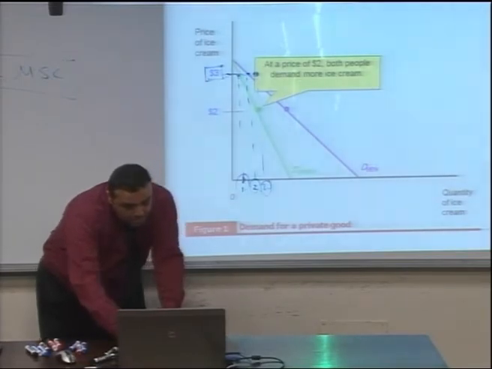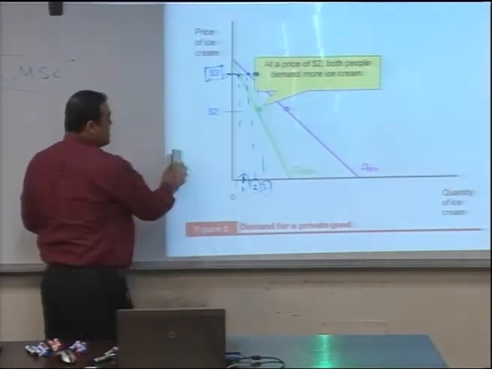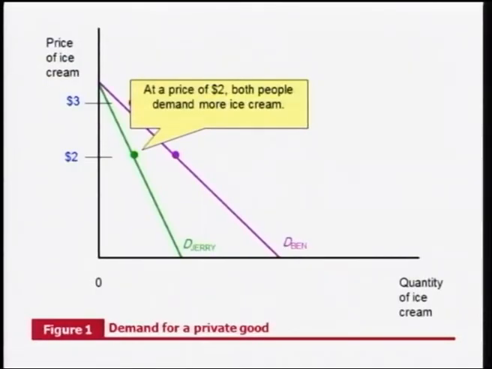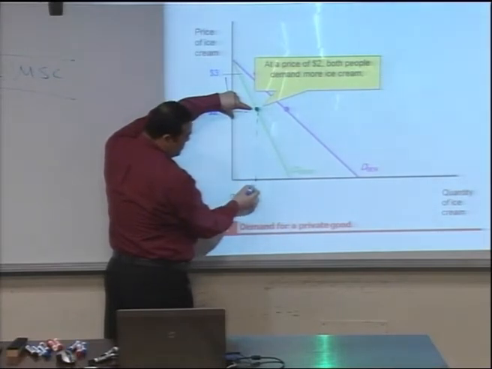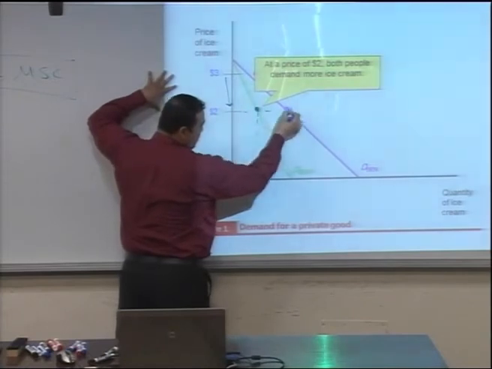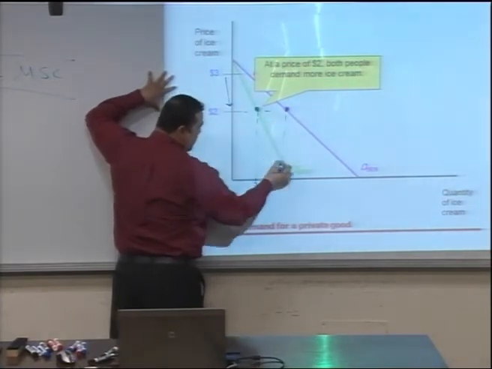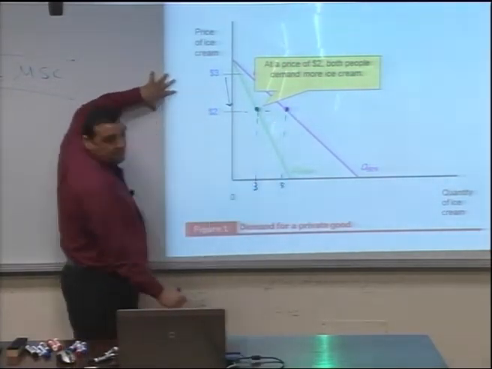And at a price equals 2 here, what do you see? As the price goes down to 2, Jerry can buy a larger amount. Let us assume it's 3, and for Ben, let us assume 5 units here.